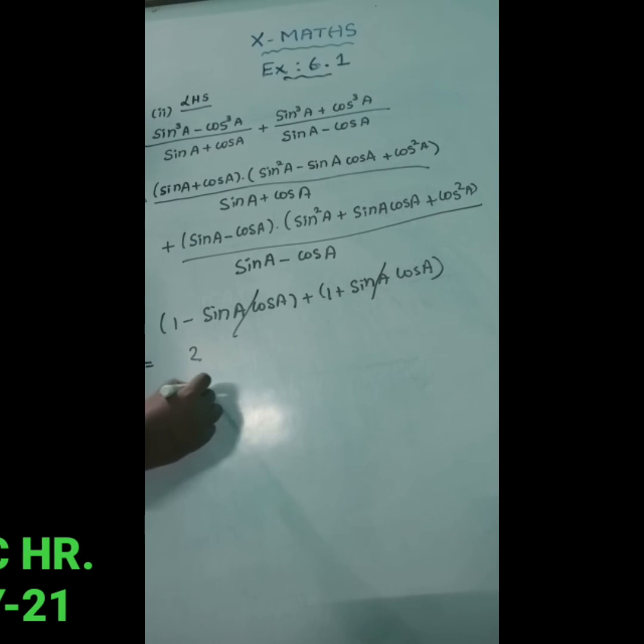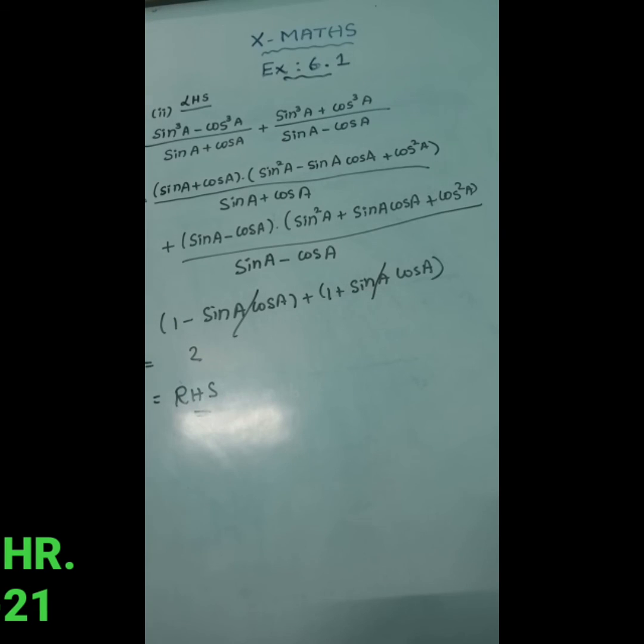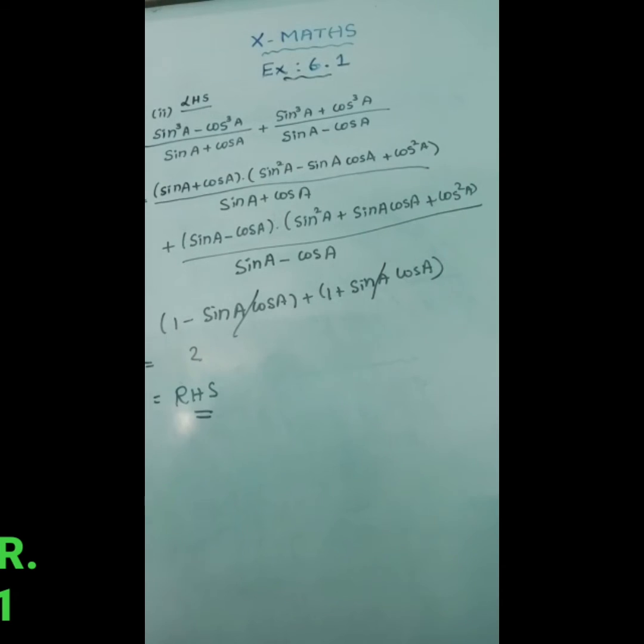That is the right hand side. So in the sixth one, second sum, we take the left hand side and prove the right hand side. This is the solution.